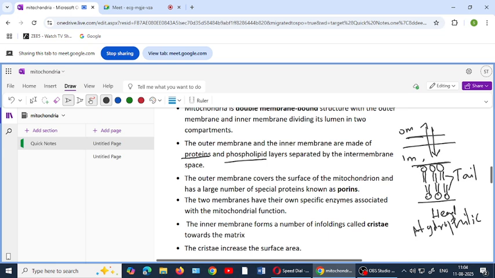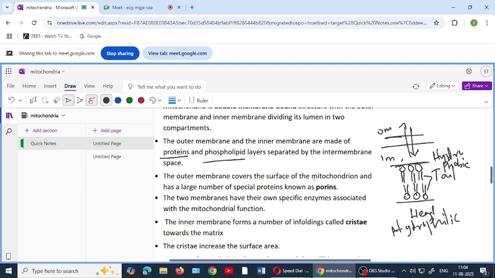They have a fear, they don't want to touch or come into contact with water. So the tail area is hydrophobic.